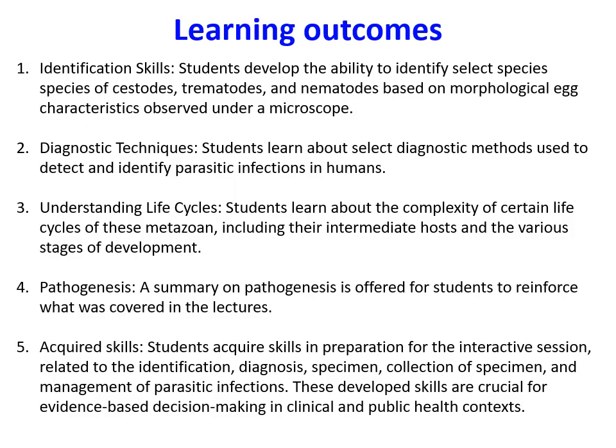The learning outcomes of this session will start by the identification skills, whereby the students will develop the ability to identify select species of cestodes, trematodes, and nematodes based on morphological egg characteristics that are observed under the microscope. Second, they will be able to learn more about the select diagnostic methods used to detect and identify these metazoan infections in humans.